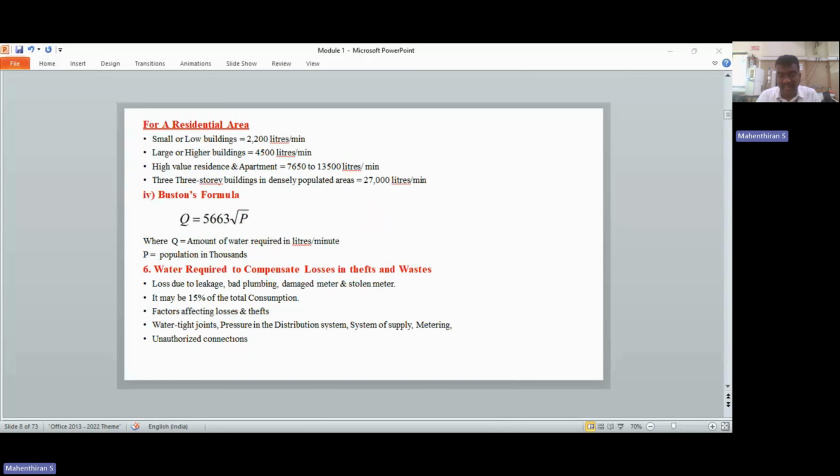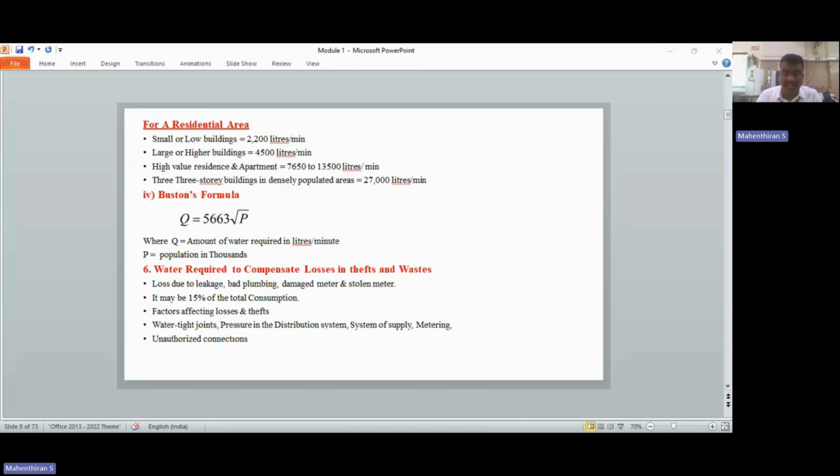Now, even after estimating the demand, the actual water supply must be higher than the calculated demand because of losses and wastage in the system. What are the causes of the water loss? The leakage. Water may be lost due to pipe leakages, old or damaged pipelines, poor plumbing systems, sometimes meter issues.